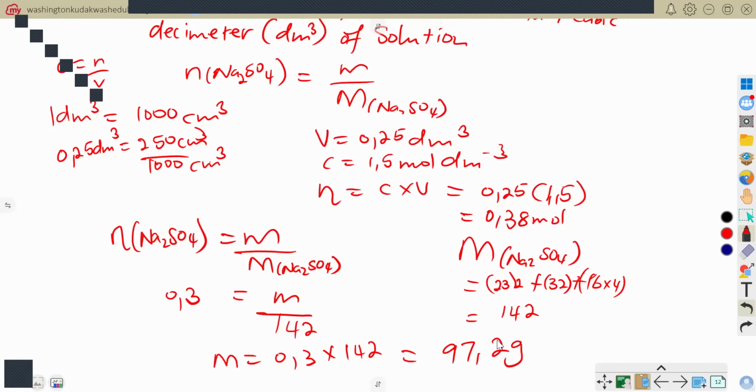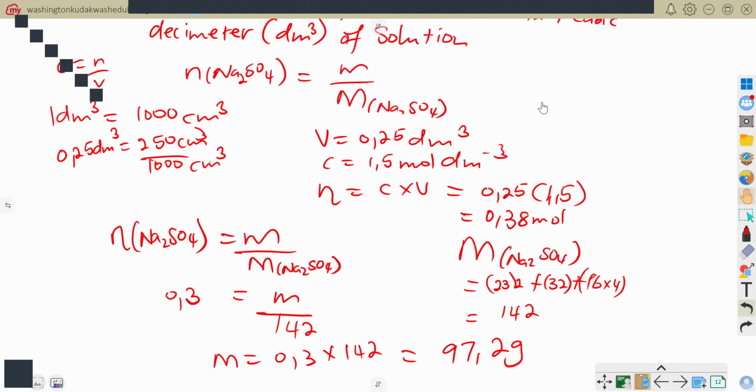So we are looking for the mass of sodium sulfate, and it was just going to be equal to 97.2 grams. That was the mass for sodium sulfate.